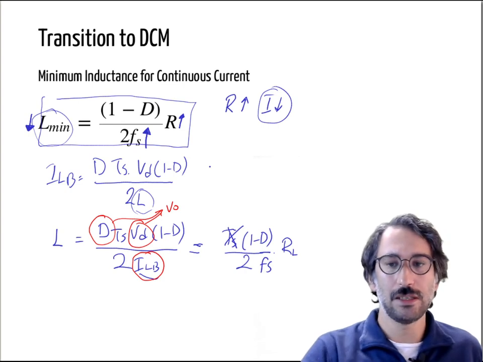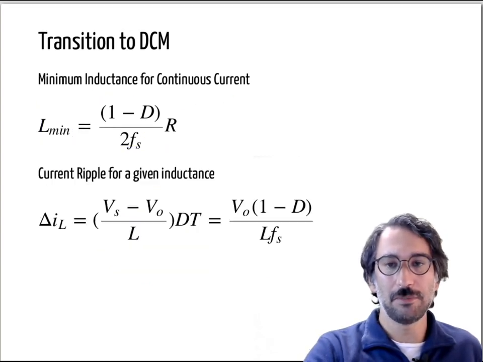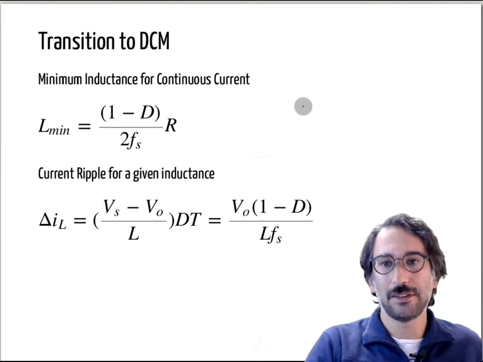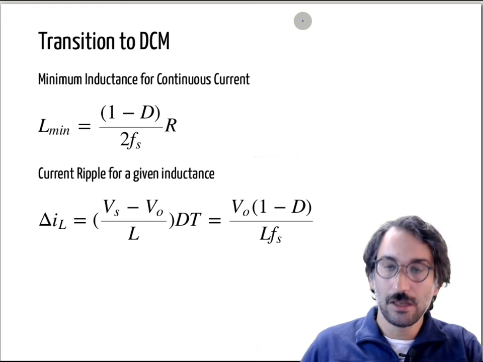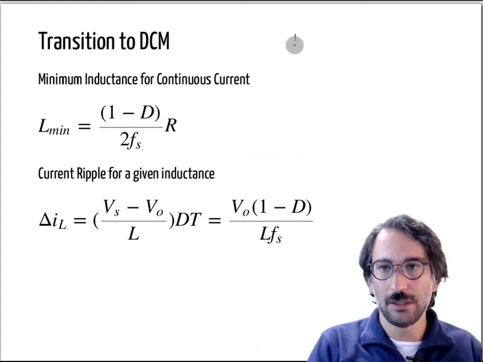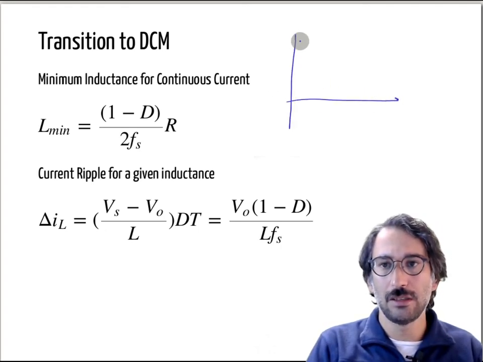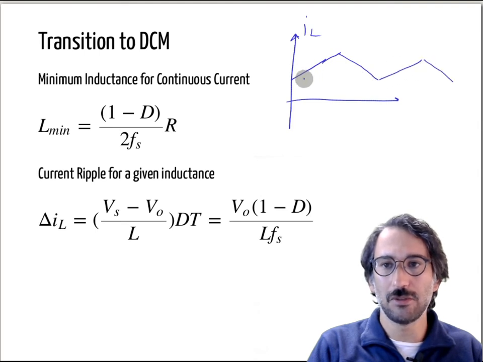And in some applications, the ripple in the inductor, remember the waveform, the ripple, if this is IL, again, this is not only for the boundary range, but this is for operation.